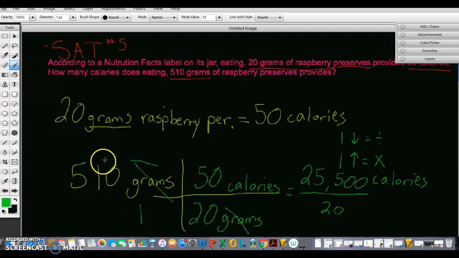So the answer is going to be 1,275 calories. All right.